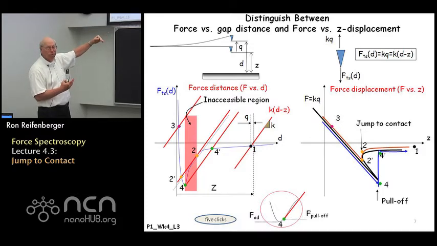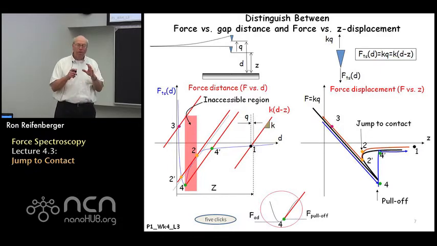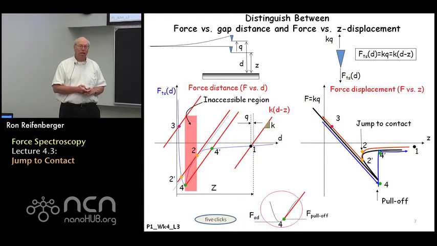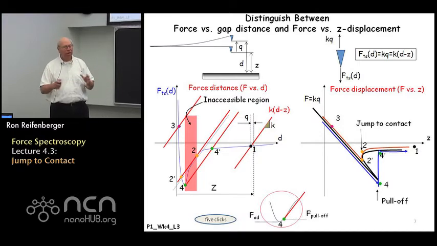The pull-off force that you measure experimentally is related to the point on the F versus D curve where the cantilever K matches the slope of F versus D. So in principle, there could be a slight difference between the pull-off force and the adhesive force, that I tried to indicate by blowing up the bottom region of this curve here. If you can understand this whole process clearly, then I think you've understood something about the nature of the F versus Z experiment that's a very routine experiment done in all atomic force microscopes.